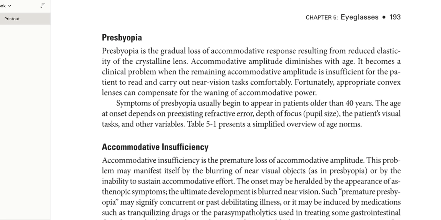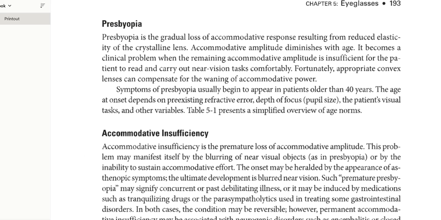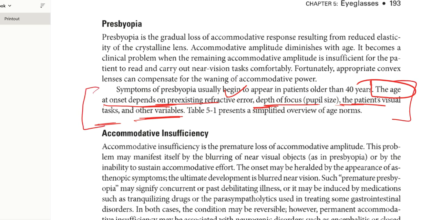Accommodative insufficiency, presbyopia. Now presbyopia is a very important definition. Now what factors does presbyopia depend on? The age at the onset depends on the pre-existing refractive error, depth of focus, patient's visual tasks, and other variables. An MCQ has come already on what factors the age at onset of presbyopia depends upon.